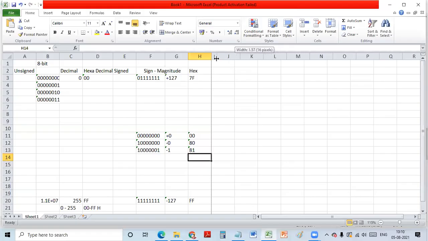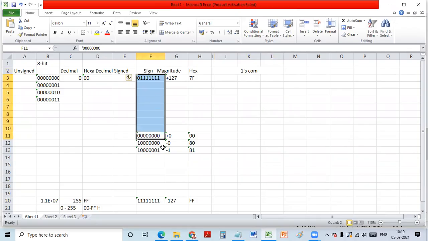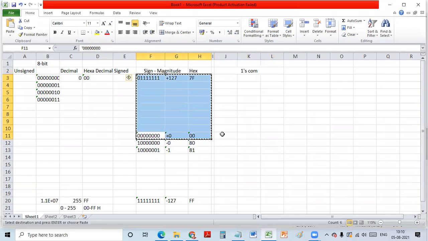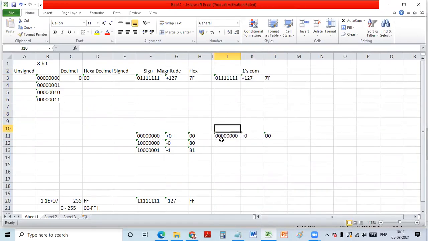Now come to ones complement. In ones complement, positive numbers are the same. In any case, the positive numbers are the same even in ones complement, because the most significant bit is 0 and the remaining 7 bits participate in the magnitude. Even if you apply 2 to the power for the MSB, it is 0, so no magnitude is added. For the negative case, it differs.